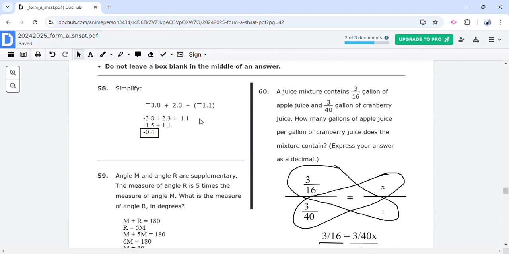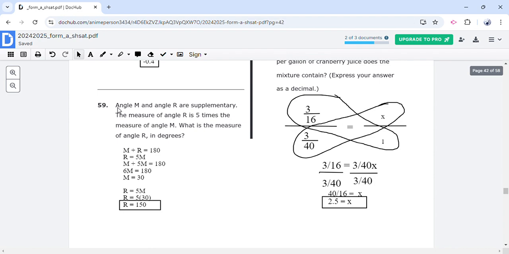And in the order of PEMDAS, you have to do the first addition or subtraction that comes up. So you have to do negative 3.8 plus 2.3, and that gives you negative 1.5. And then you add 1.1, and that gives your answer as negative 0.4. Let's move on to the next problem.